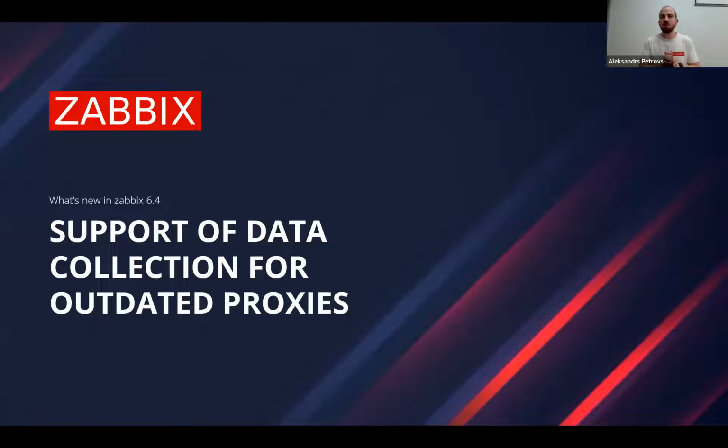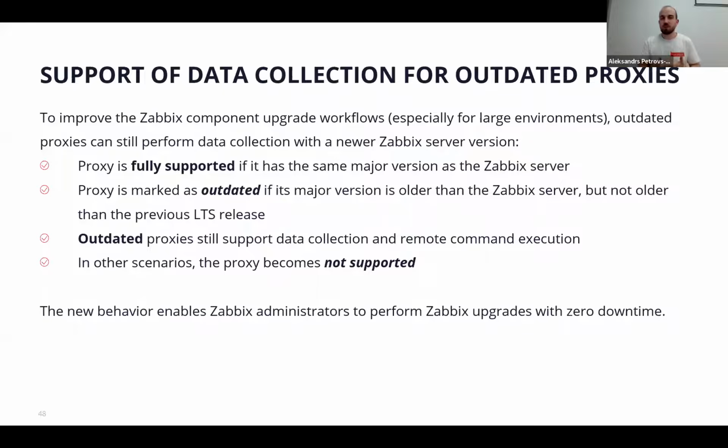Another new one is the support of data collection for outdated proxies. And in my opinion, that's a really great improvement when we're talking about the upgrade workflow. Previously, when we planned the upgrade, we needed to keep in mind that we might need a bit of downtime when we update between major versions, because as you know, the major components of Zabbix are compatible only inside the same major version.